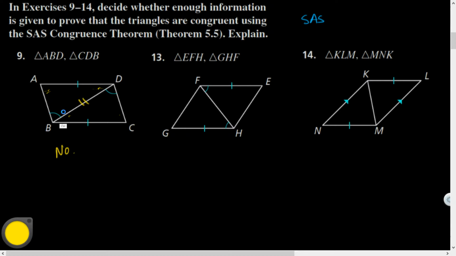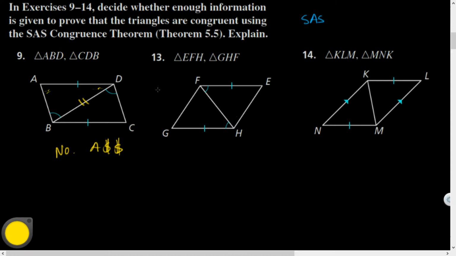The situation that we actually have is an angle side side situation, and there is no ASS theorem in math. It just doesn't work, not because it's inappropriate, but because it actually won't logically work out.